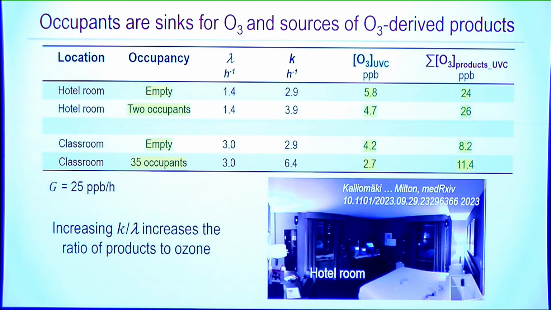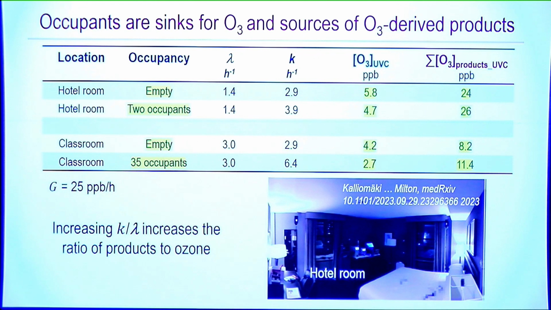Okay. I want to make another point, just how important the occupants are as sinks indoors. I'll give you two examples here, and the examples actually highlight several aspects of this chemistry. The first is using a hotel room that was so nicely described by Petri Kawiyamaki yesterday. I've used parameters that are appropriate for what was measured in that hotel room.